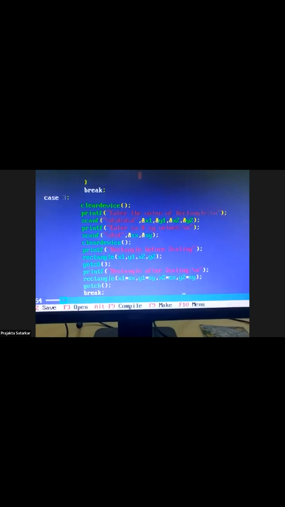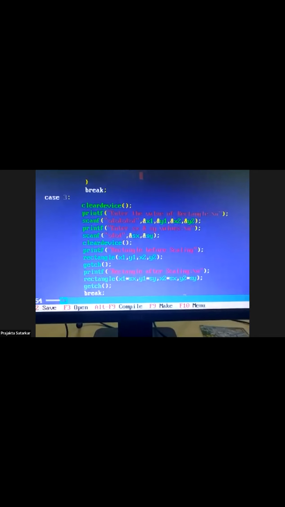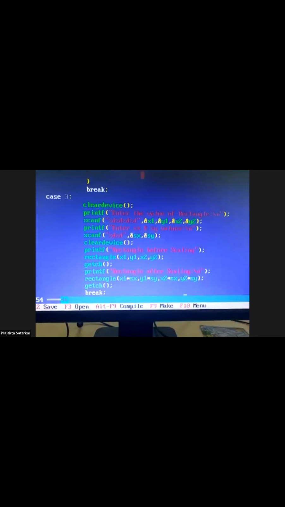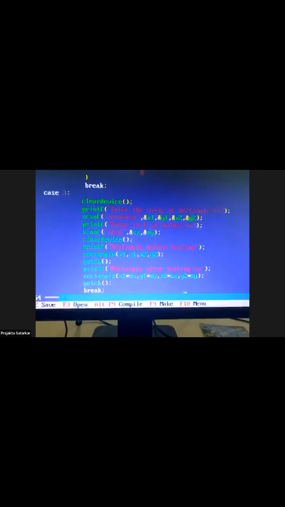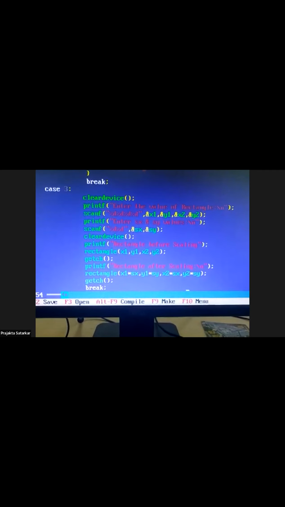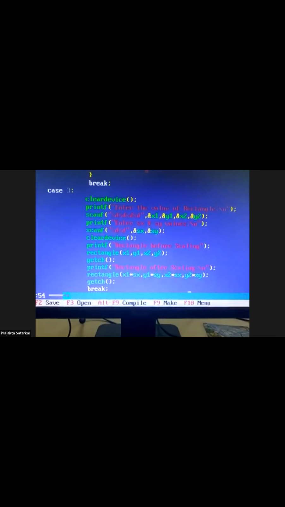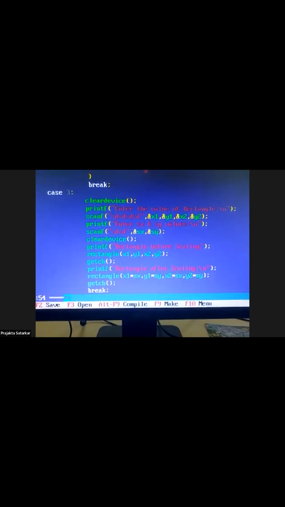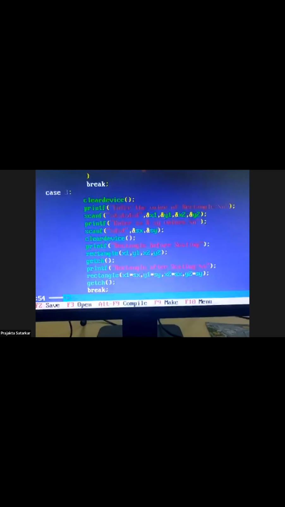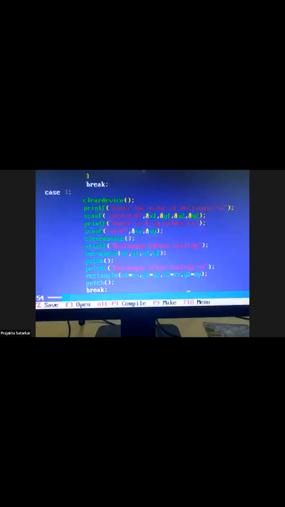Then you will be asked for Sx and Sy values, that is scaling factor along X, scaling factor along Y. Then the device is cleared and you print the rectangle before scaling, x1, y1, x2, y2, the original coordinates.